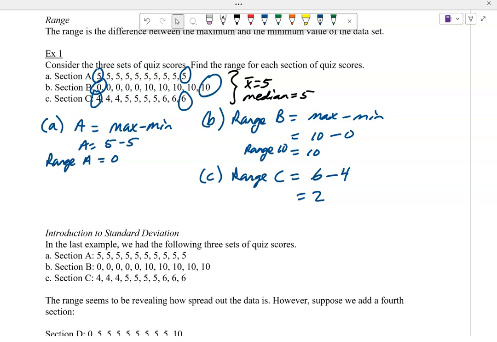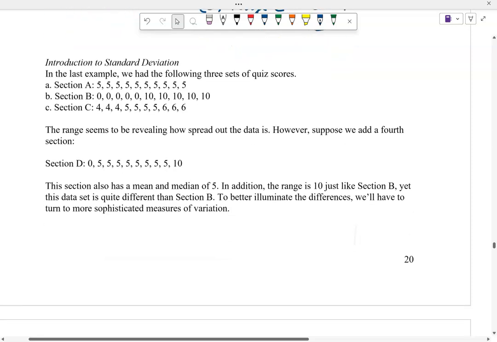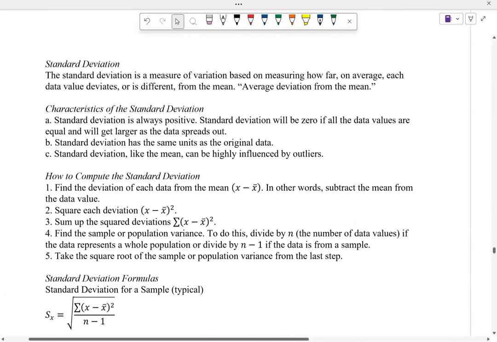And so that'll illuminate the differences in a more sophisticated manner. So each data point, how much difference is there between it and the mean? On average, right? What's that spread?